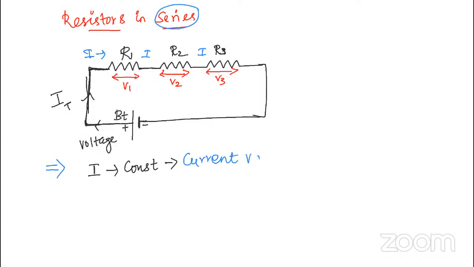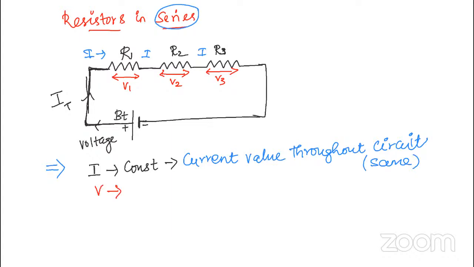Current value throughout the circuit is the same, it should be constant. Okay, then which values change? The V values will change. Okay, the current value will be constant, only the V values will change.